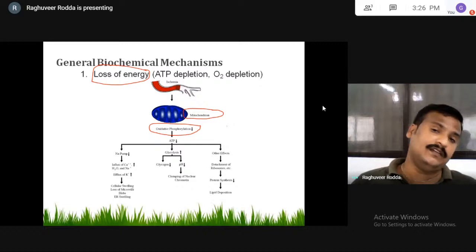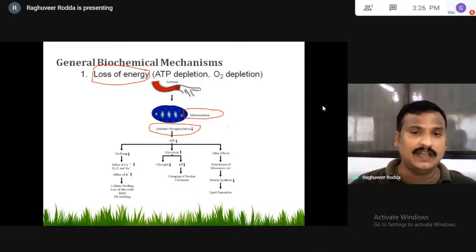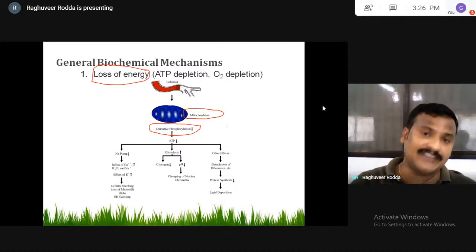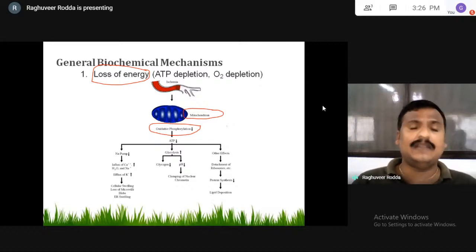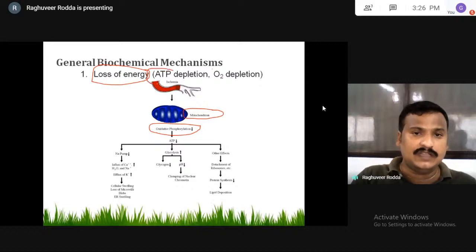When the cell is unable to get oxygen, or unable to get perfusion for any reason, there is not a sufficient amount of oxygen reaching the mitochondria responsible for oxidative phosphorylation. Definitely, the cell is not going to produce the energy molecule called ATP.